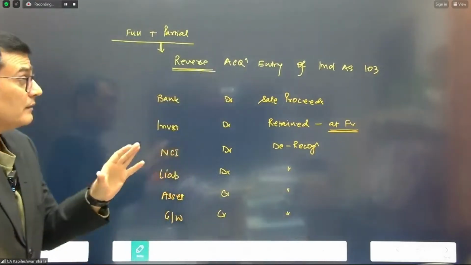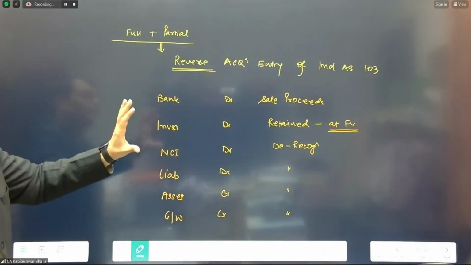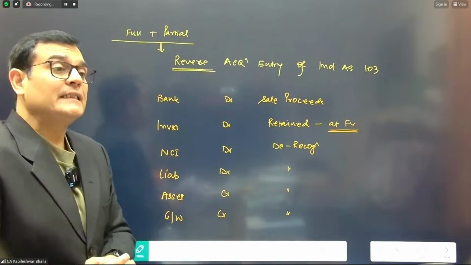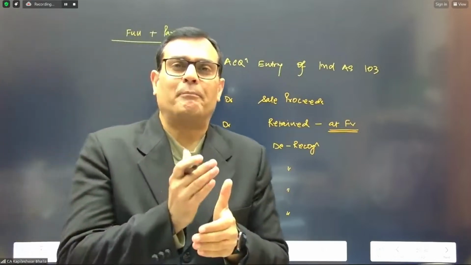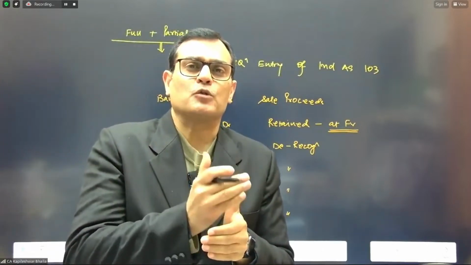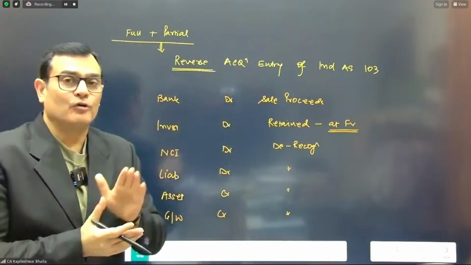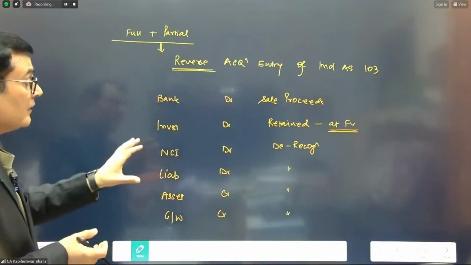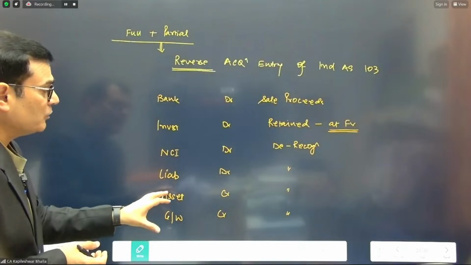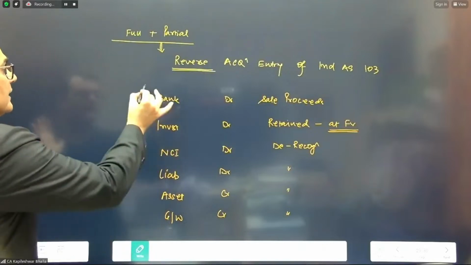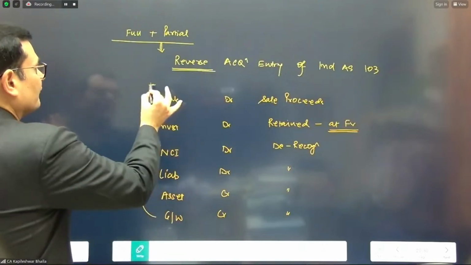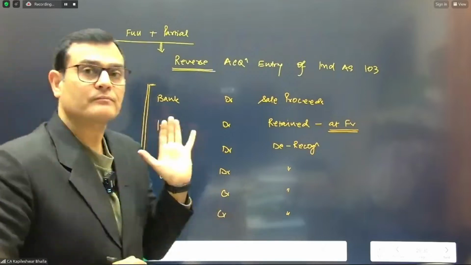Trust me, this is the golden entry with which you will record any kind of permutation combination. The bank gets a debit for the disposal proceeds. The investment gets debit at the fair value of the investment retained. The NCI, the net assets, the goodwill, they're all getting derecognized, and there will be some balancing figure in this entry.